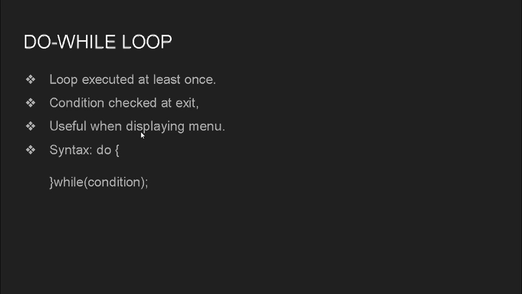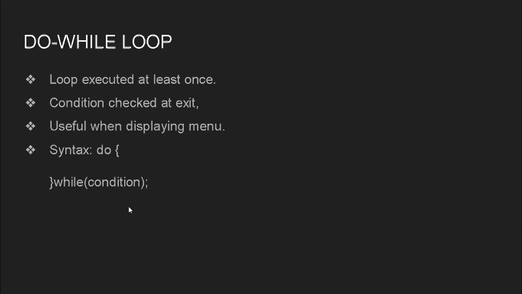And the meaning of the third statement is that, most of the times in Java programs, they ask you to create a menu. And the menu, obviously, has to execute at least once. I am talking about the main menu. That main menu has to show at least once, obviously.